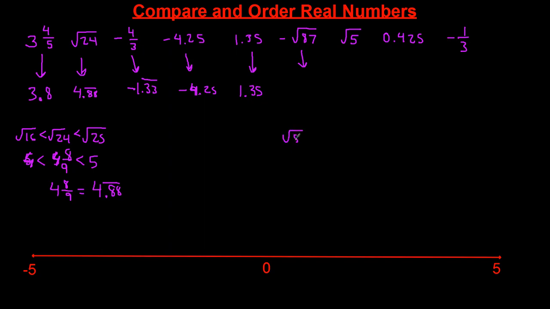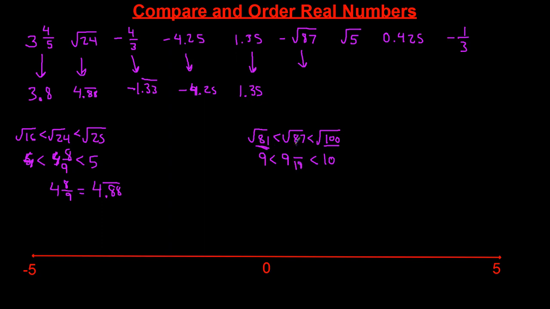We have radical 87, or square root of 87. The next upper is 100, and the next lower is 81. So the square root of 81 is 9. The square root of 100 is 10, so it's going to be 9 and a fraction. The distance from 81 to 100 will give us our denominator, and that number is 19.